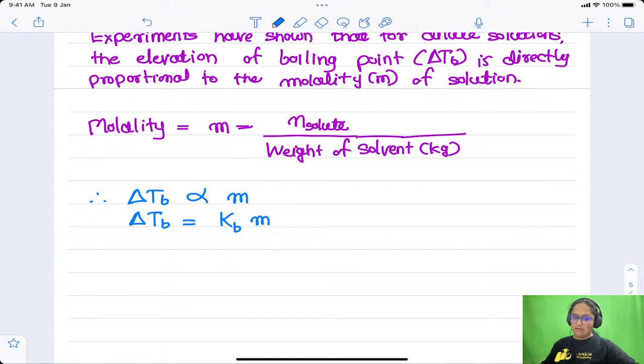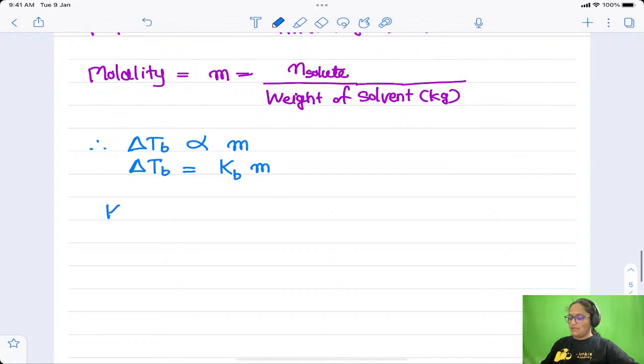So what is this KB here? KB is the proportionality constant.